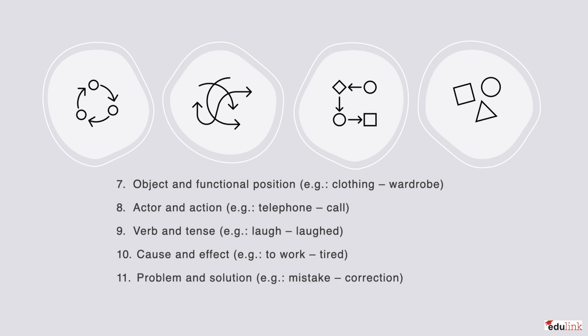Number 11, problem and solution, such as making a mistake and then making a correction. And lastly, degree of expression, where we have an increase in intensity. So for example, there's loud and then there's deafening.